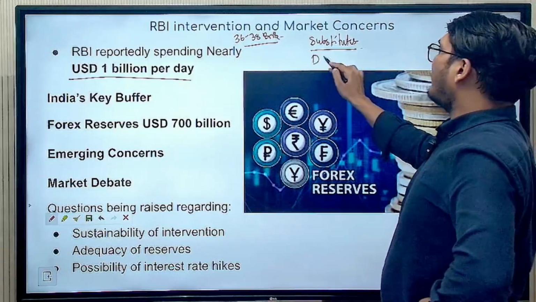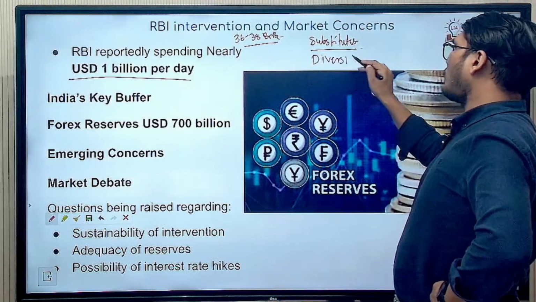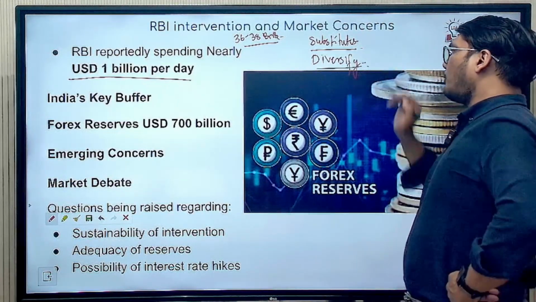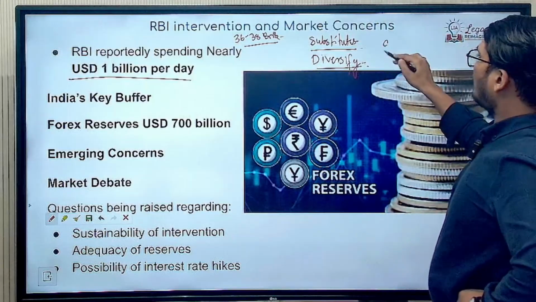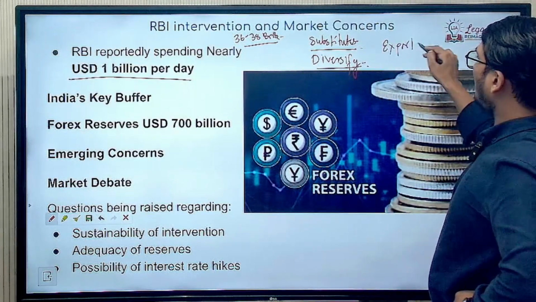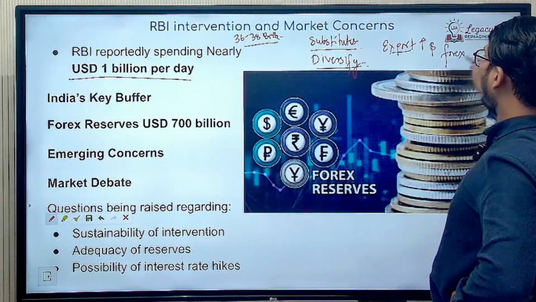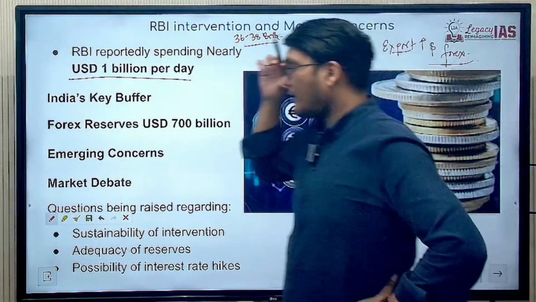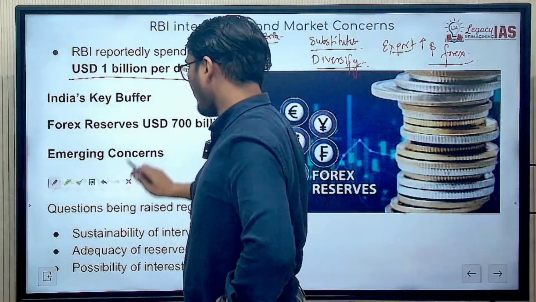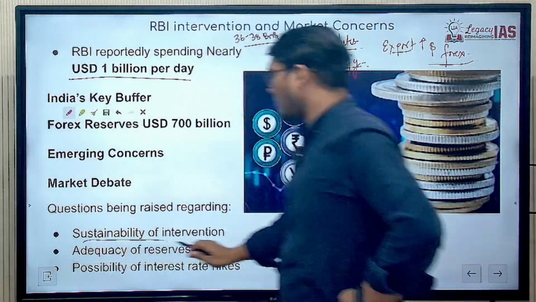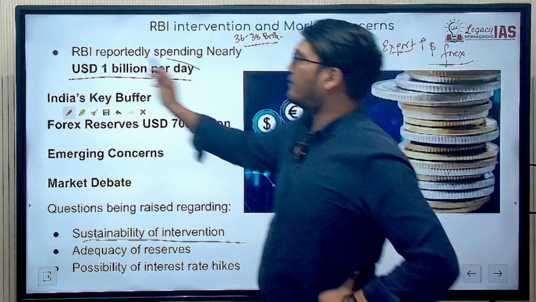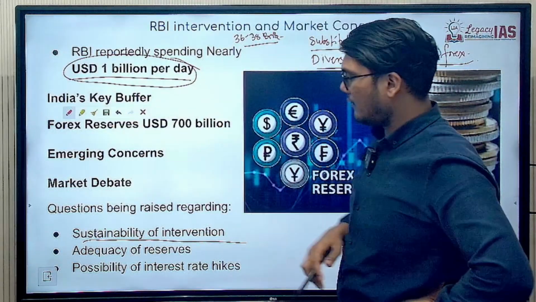We need to diversify our sources of things, both for imports and exports. We should try to increase our exports in order to earn the dollars, pounds, and the foreign exchange that are there, right? So these are the things we need to do, right? So these interventions will have sustainability rather than this, which is not a sustainable thing.